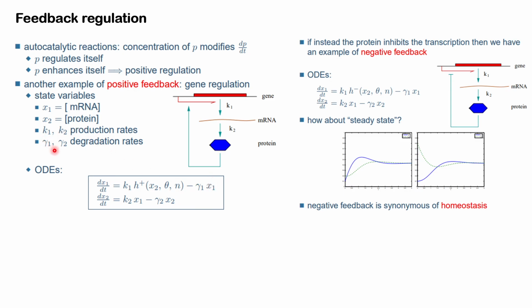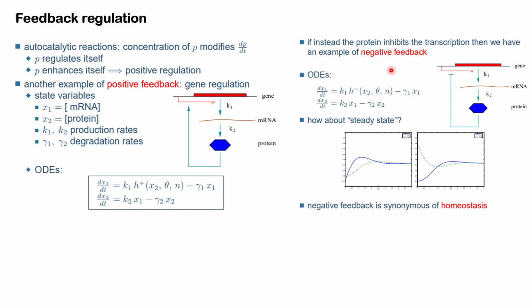Similar is the case for dx2/dt. Here, it'll only depend on the concentration of x1, and it'll also have a degradation rate of gamma 2 x2.